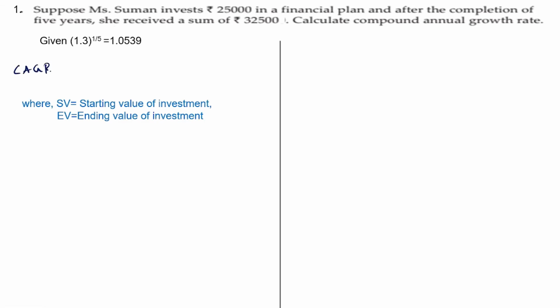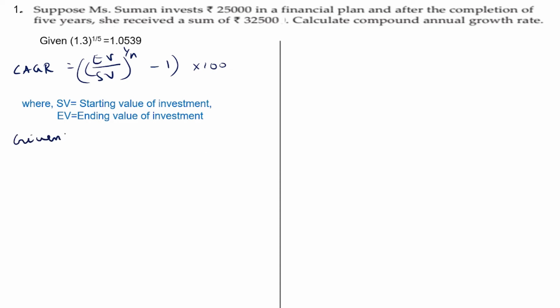Compound annual growth rate equals (ending value upon starting value) the whole raised to 1 by n, minus 1, into 100, where SV is the starting value of investment and EV is the ending value of investment.